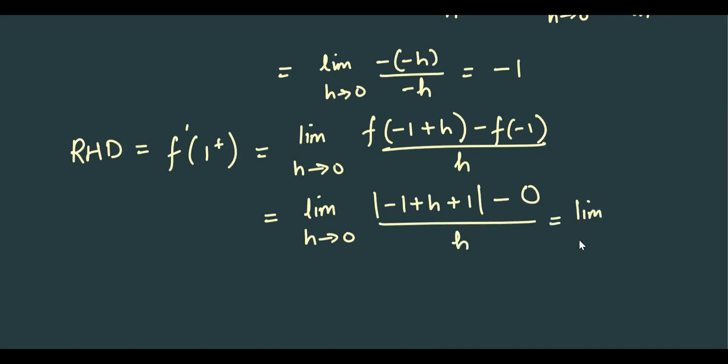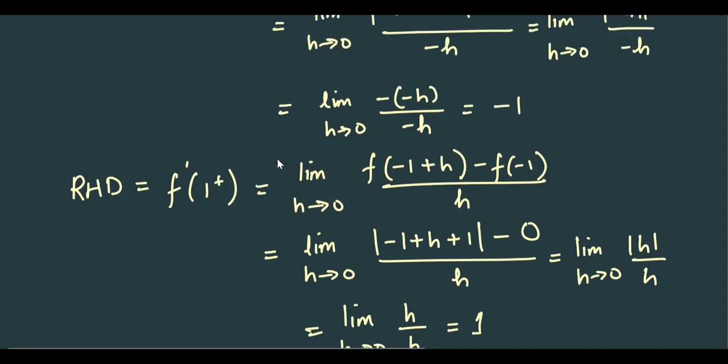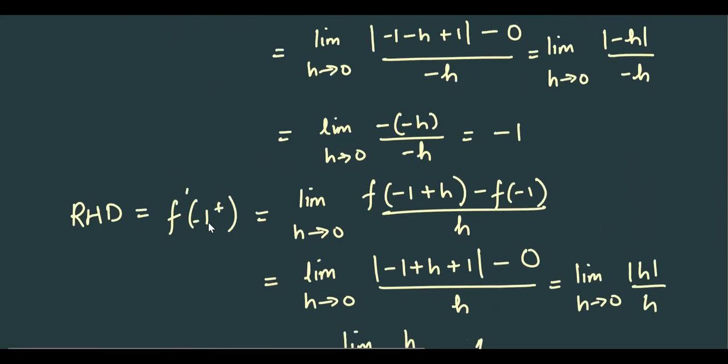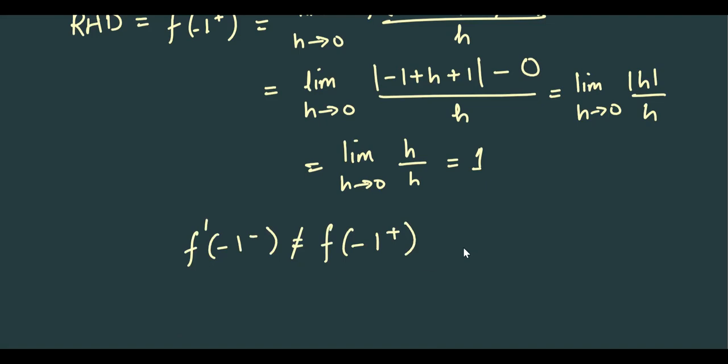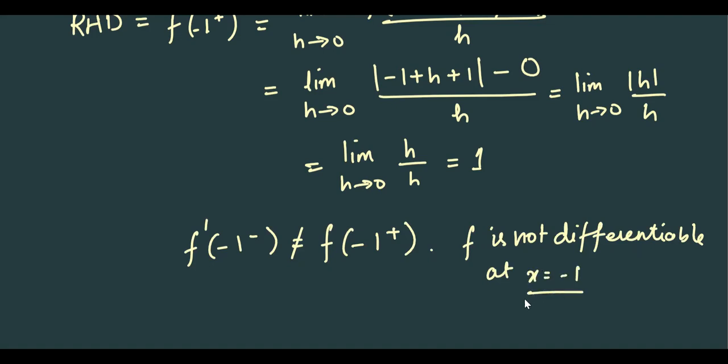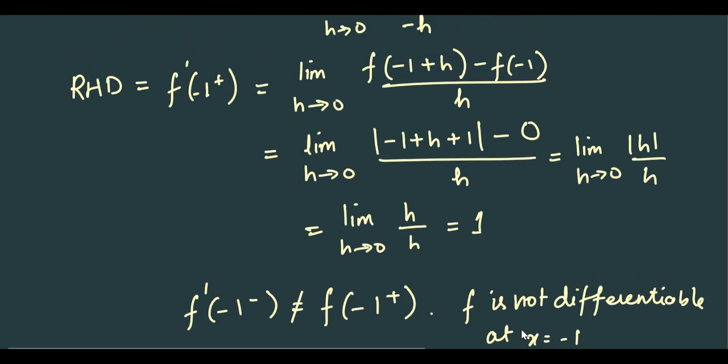We get limit h tending to 0, modulus of h upon h, which is h upon h, equal to 1. So left hand derivative at minus 1 is not equal to the right hand derivative at minus 1. So f is not differentiable.